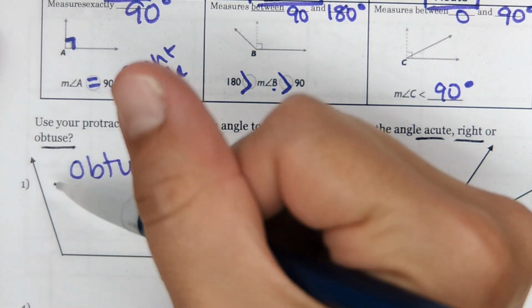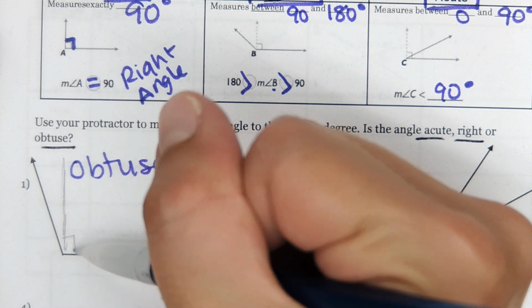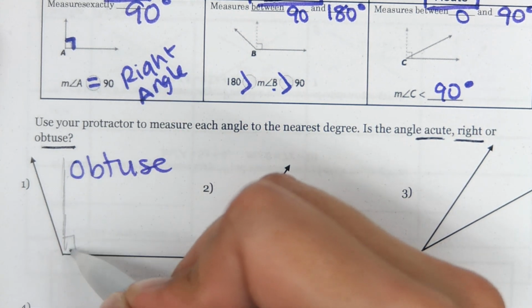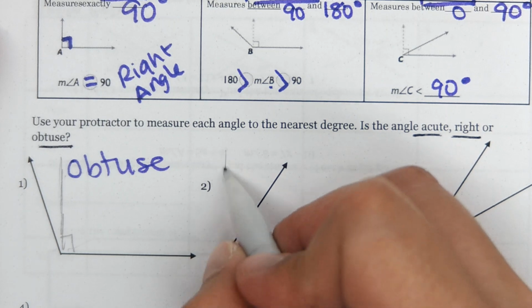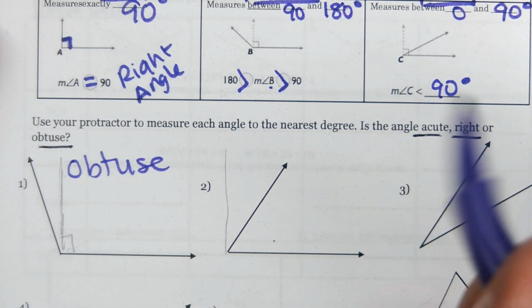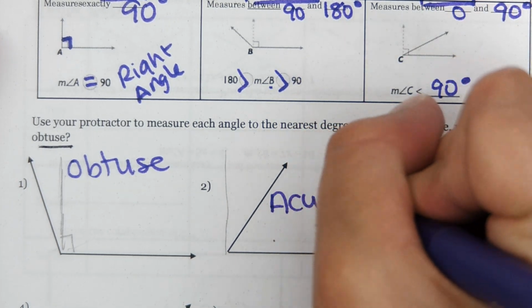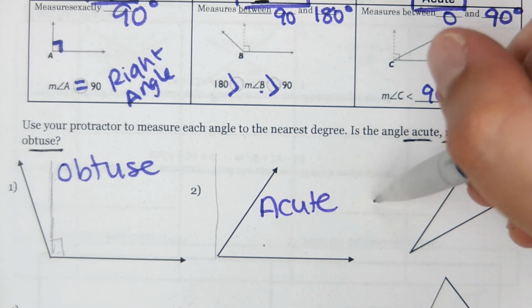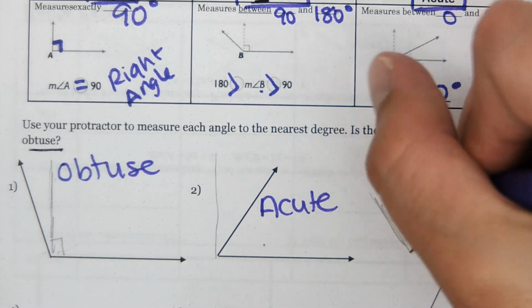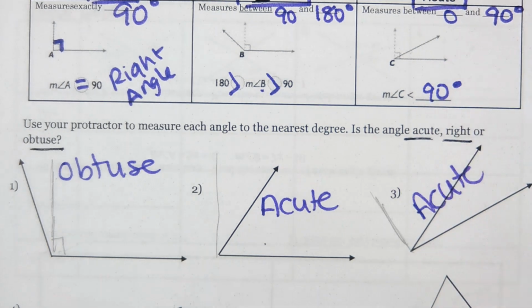If you can't see that, like if you were to draw a right angle right here, this is clearly bigger than that right angle. This one is less than 90 degrees, so it would be acute. This one is less than the 90 degrees, so it would be acute as well.